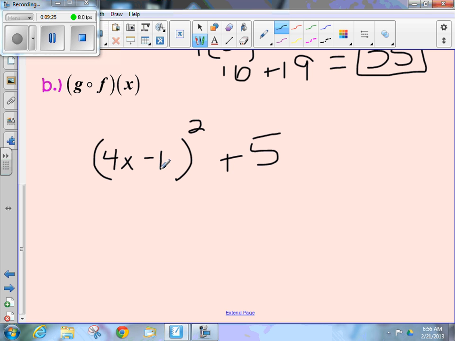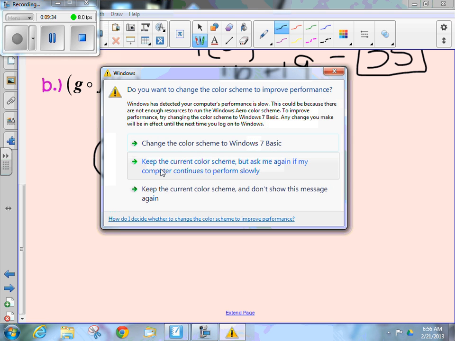Okay, so what does that 4x minus 1 squared mean? Can I distribute the 2? No. 4x minus 1 squared means I have to do 4x minus 1 times 4x minus 1. I've got to FOIL it out.